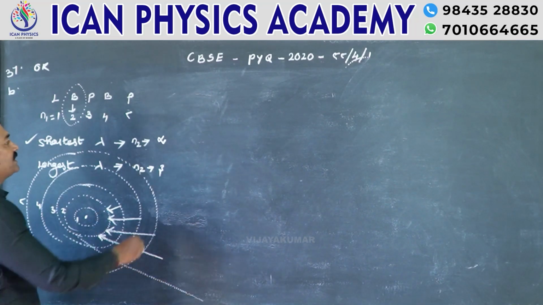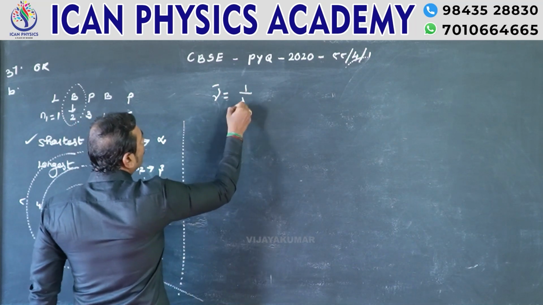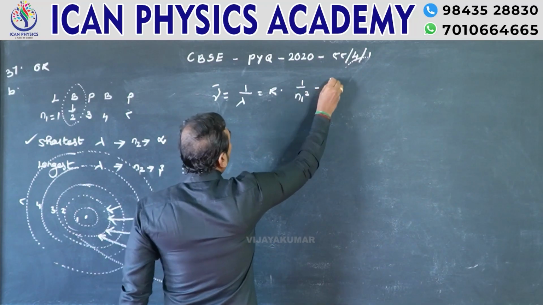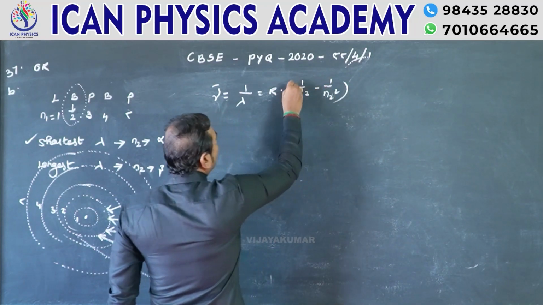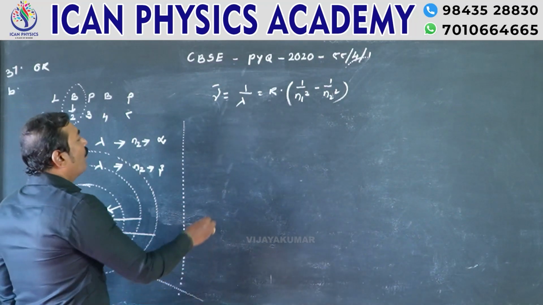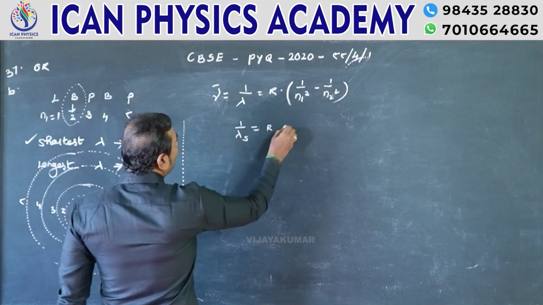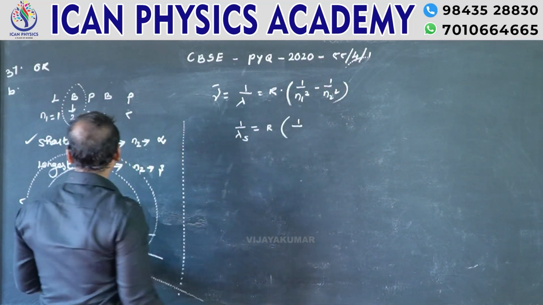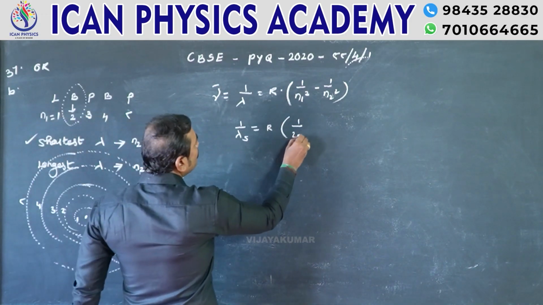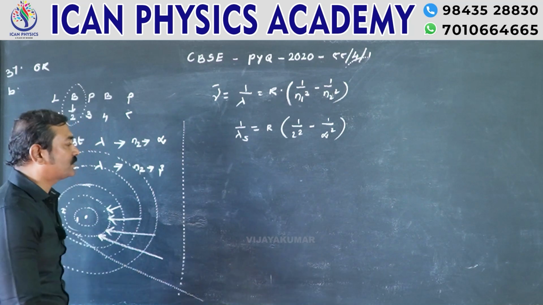Then what is the formula to calculate? It is nu bar equal to 1 by lambda equal to R into 1 by n1 square minus 1 by n2 square, the general formula. Now I want to modify this. For the shortest wavelength, 1 by lambda S equal to R into 1 by n1 square, and for Balmer n1 is 2, so 2 square, minus 1 by n2 square with n2 infinity.